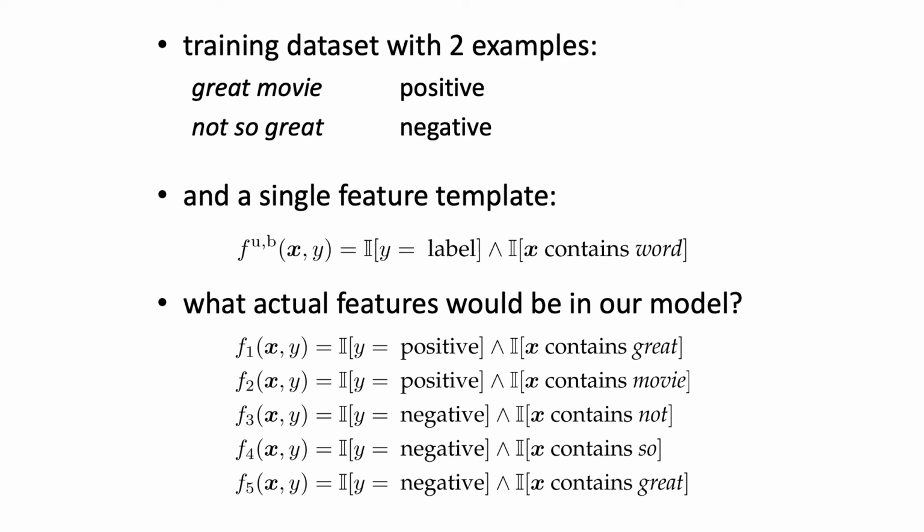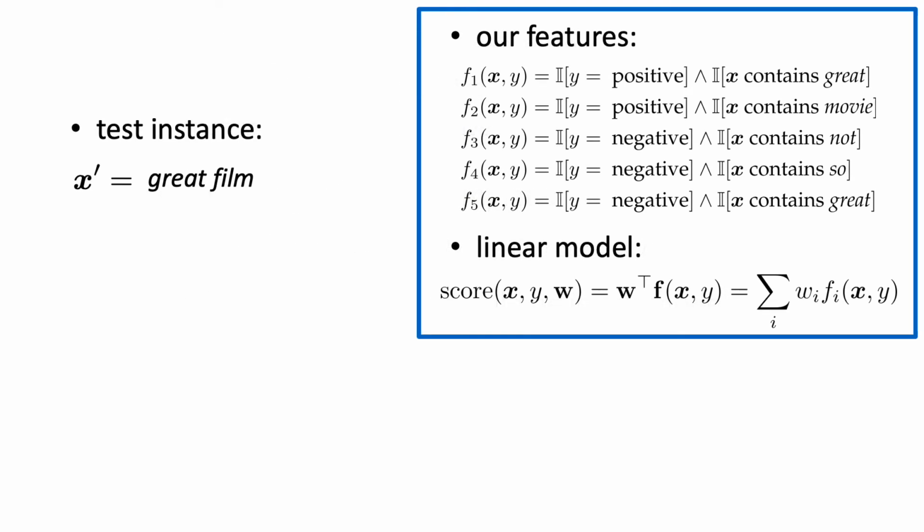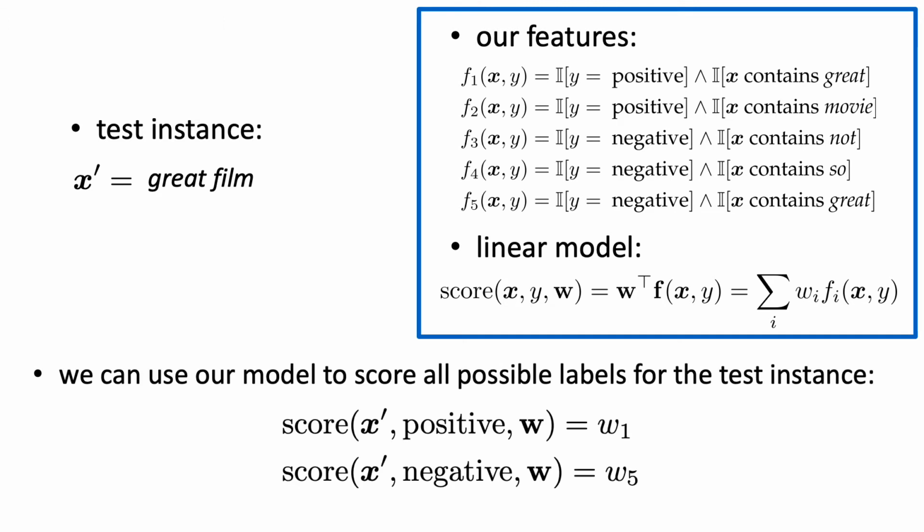For an example training set with just two XY pairs and this single feature template, here are the actual features we would instantiate in the model based on the training data. And with each feature, we associate a weight. If we want to then classify a test instance x prime, given our features with associated weights and our choice of a linear model for the score function, we'll first use our model to score all possible labels for x, and then choose the label with the higher score.